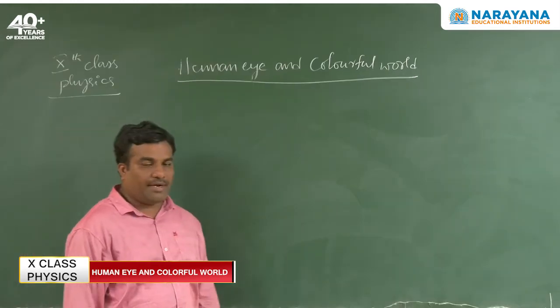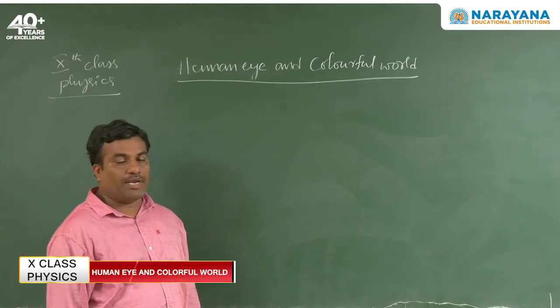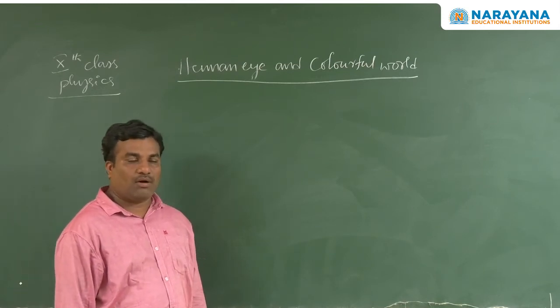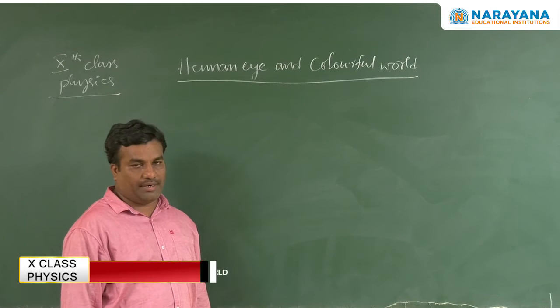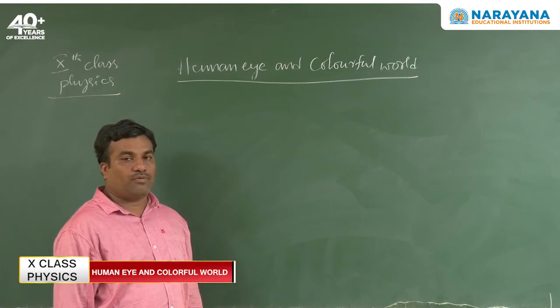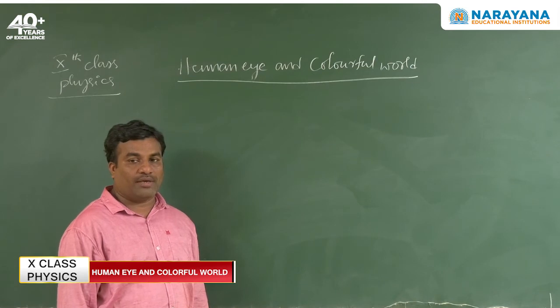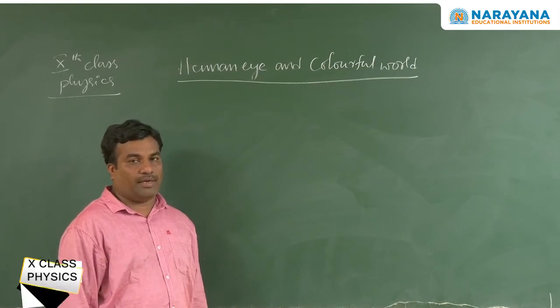We get the maximum and minimum focal length based on the formation of images on the retina. So how can you find the maximum and minimum focal length of the eye lens?